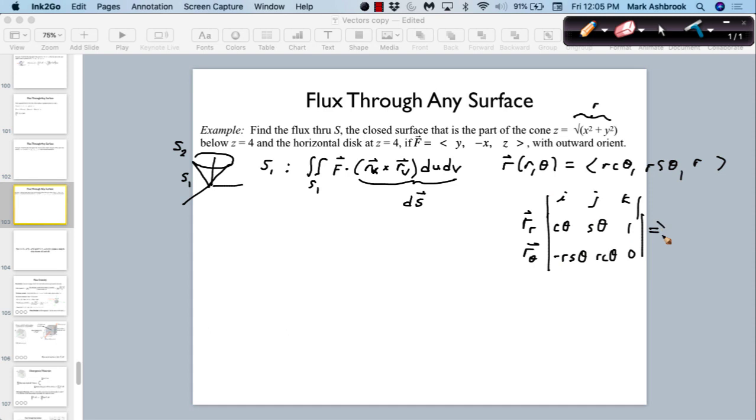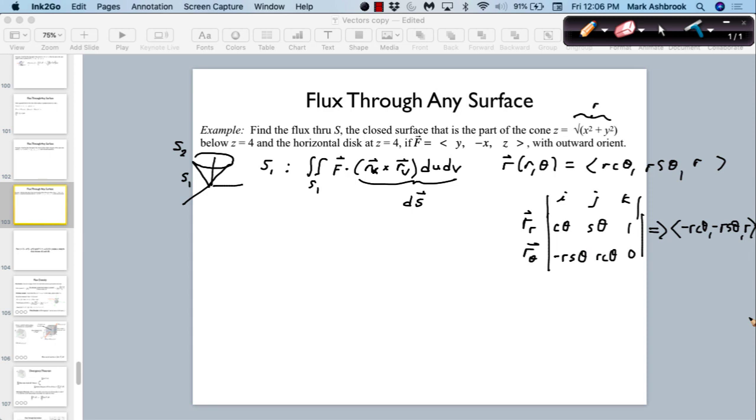That gives us a cross product of: i is negative r cos theta, j is negative r sine theta, and k is, let's see, r cosine squared plus r sine squared, all equals r.